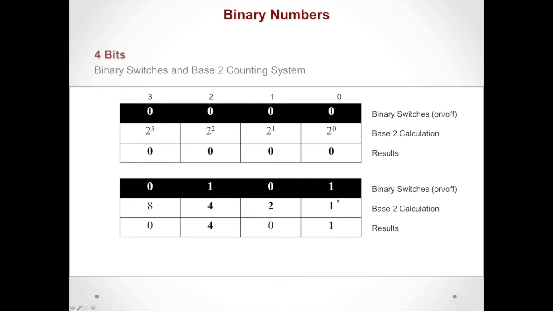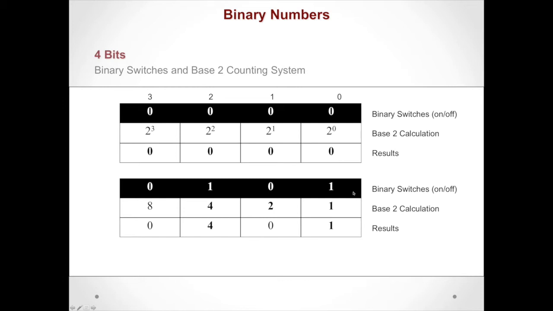So this is 1. If it's switched on and you multiply by the base 2 calculation, it's 1. This is switched off and you multiply by 2, it is 0. This is switched on, multiply by 4, it's 4. And this is switched off, so it's 0. And that adds up to an equivalent of 5.